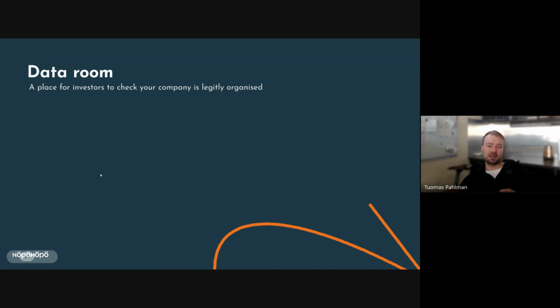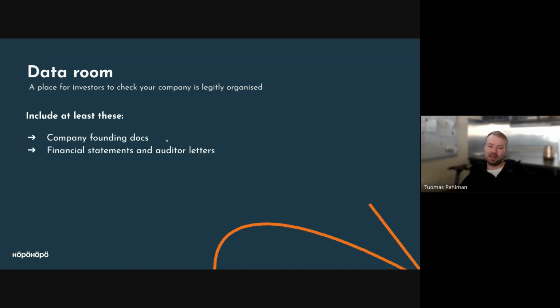It includes at least all the company founding documentation, so that investors can check that your company is legit. And then naturally financial statements, auditor letters, so that investors know they can actually invest into your company.